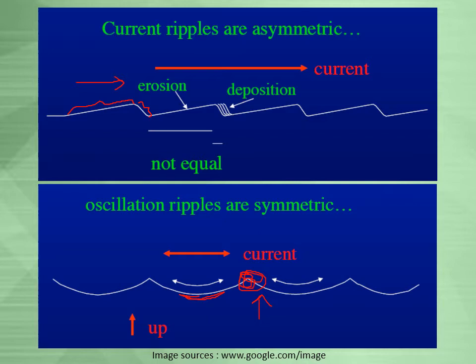Now, in the formation of any type of ripple marks, whether it is current ripple or wave ripple, two types of sediments are important during their formation.